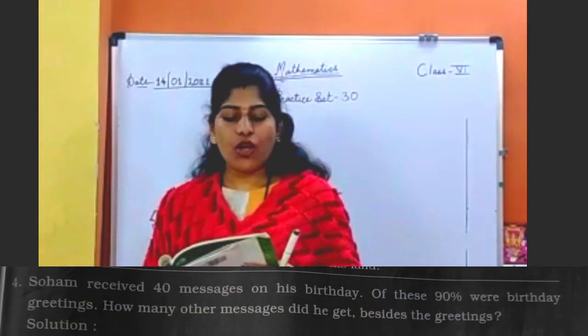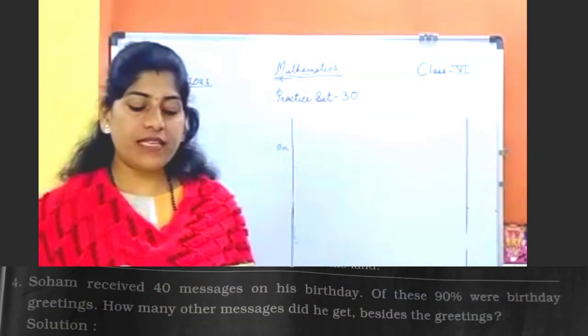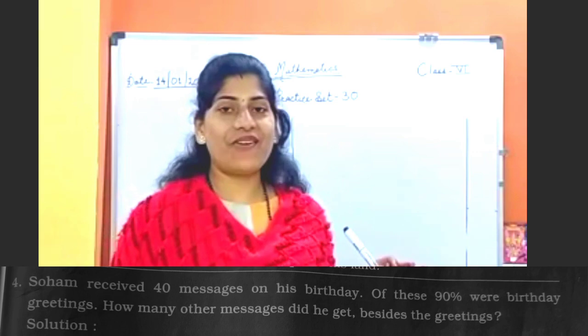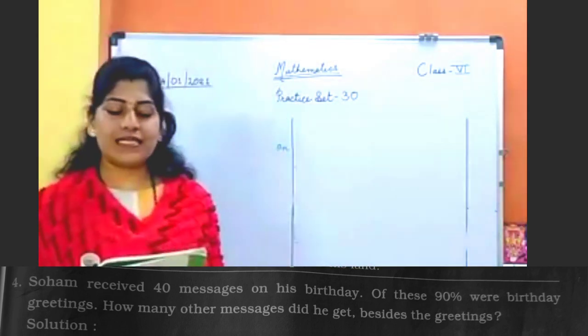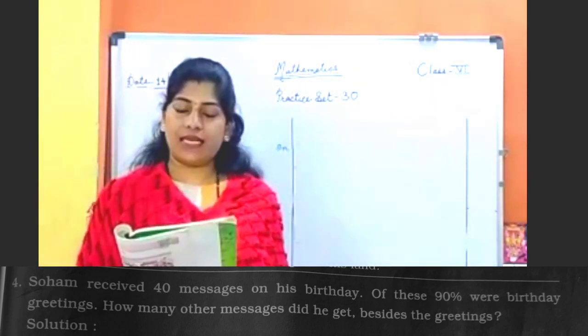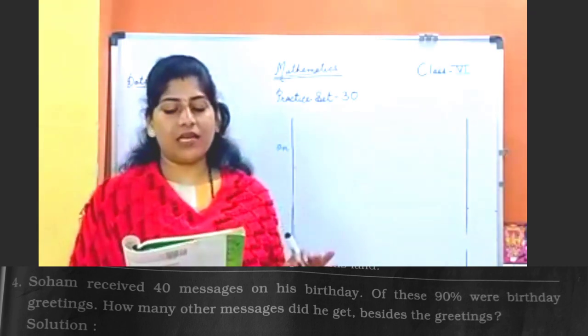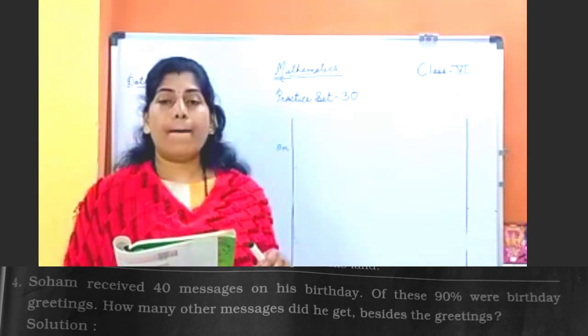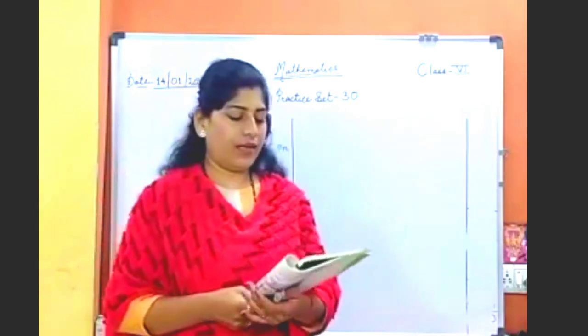Let us see question number 4. Soham received 40 messages on his birthday. Of these, 90% were birthday greetings. How many other messages did he get besides the greetings?